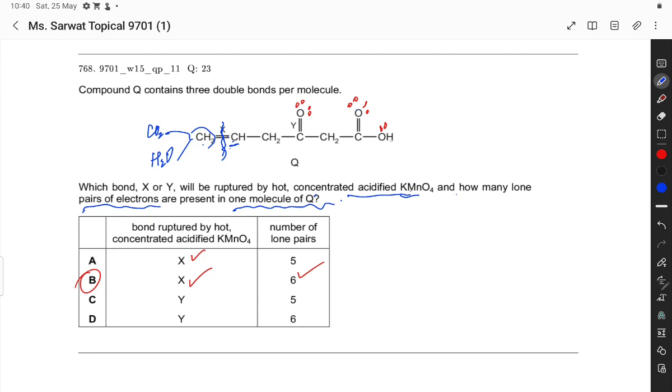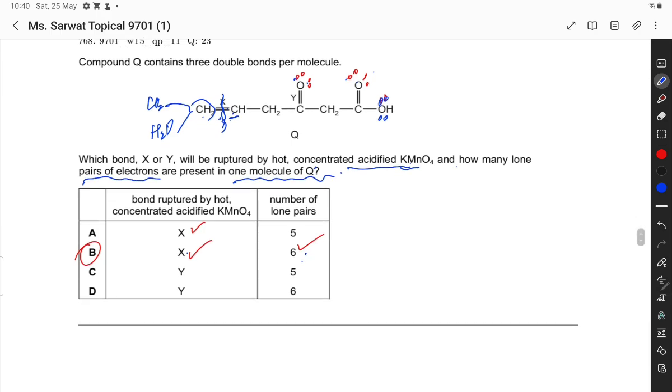Number of lone pairs: 1 2 3 4 5 and 6. So B option is correct, because X is ruptured and the number of lone pairs is 6.